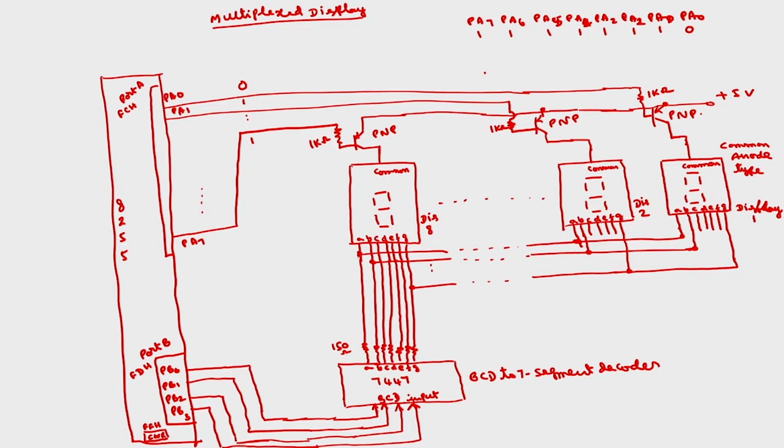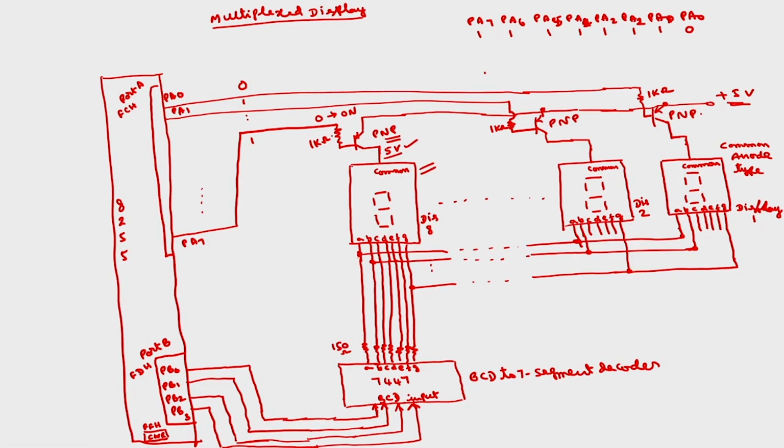Because this is a PNP transistor, if I apply 0 here, this particular PNP transistor will be on. It will act as a short circuit, and 5 volts will appear here. Because this is the common anode type, to activate a display, a 5 volt signal has to be applied to the common signal.